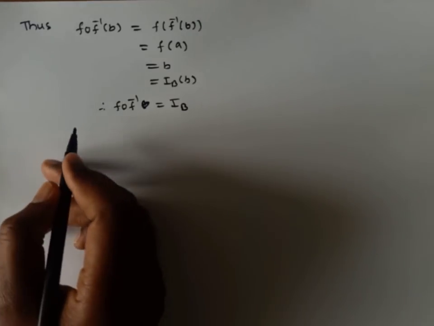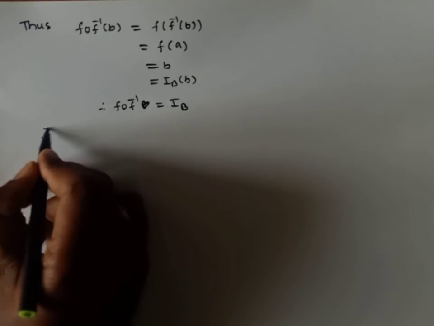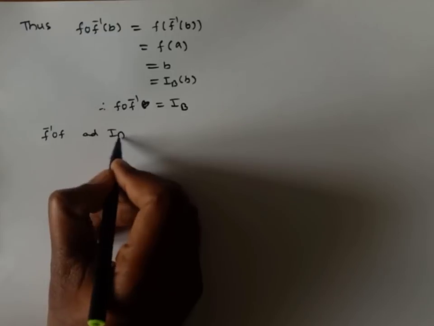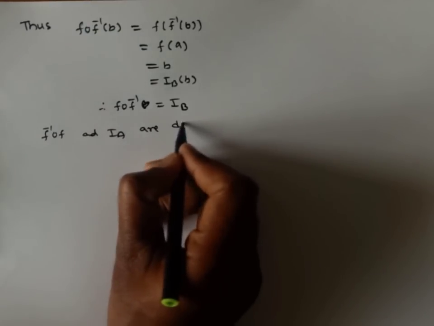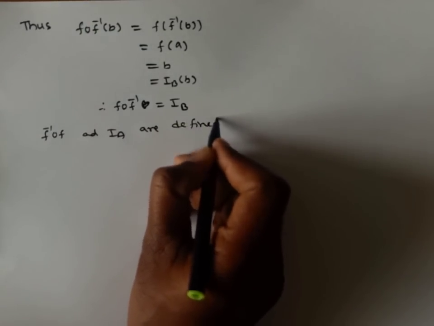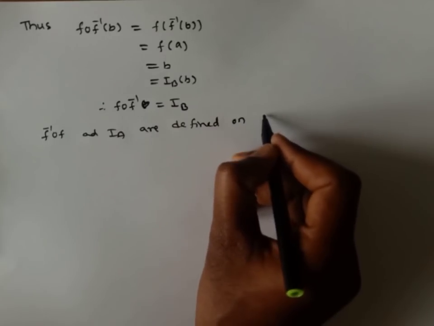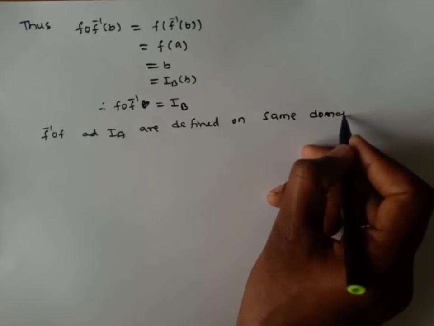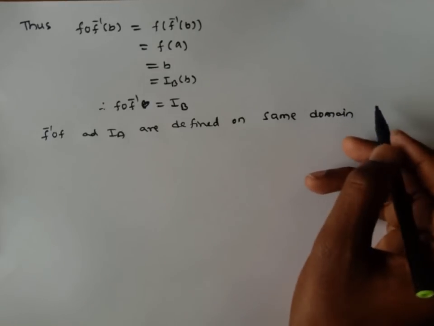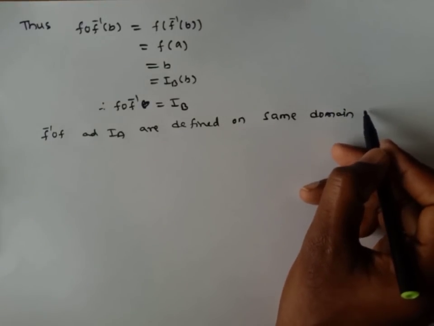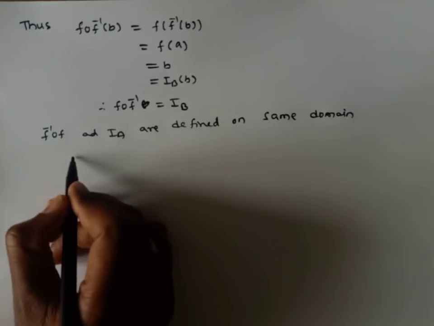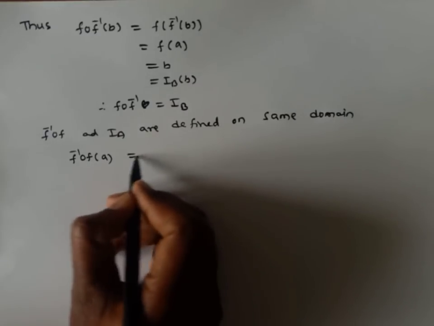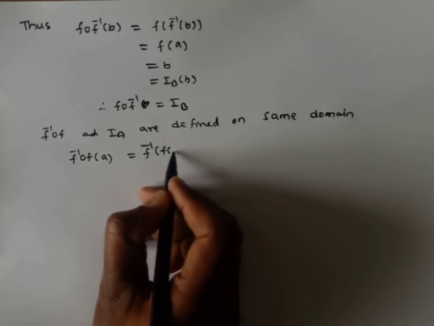And similarly we can show that the functions f inverse compose f and IA are defined on the same domain. Here you can write the definition of surjection for this: f inverse circle f of a is f inverse of f of a.